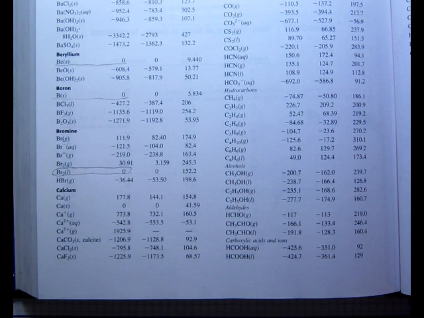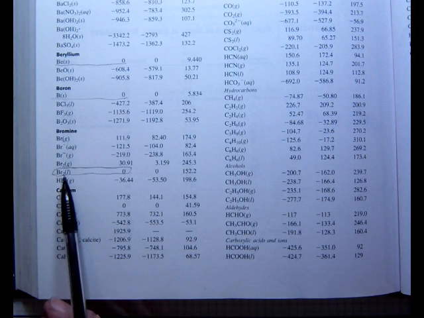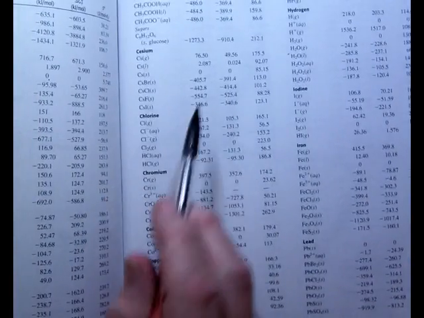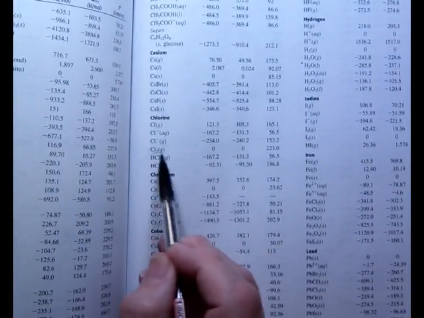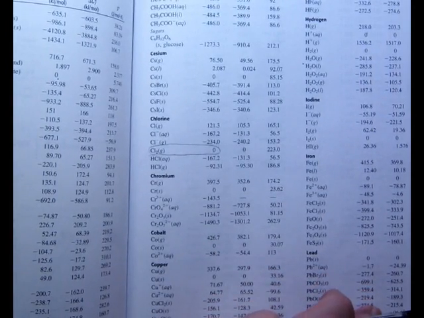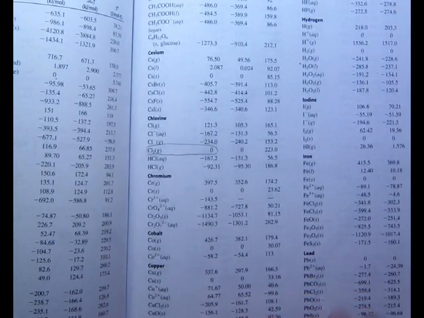But right now, if you were wanting to decide on what form to put this chlorine, we come in here and find chlorine, and we see right here chlorine is 0, so I want to put it in that form.